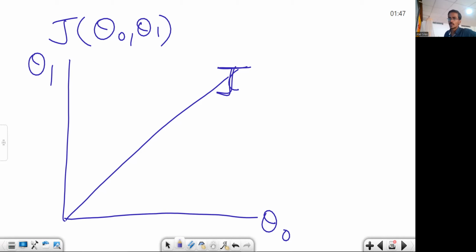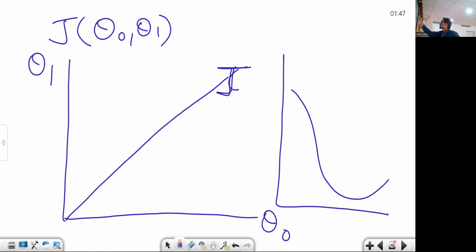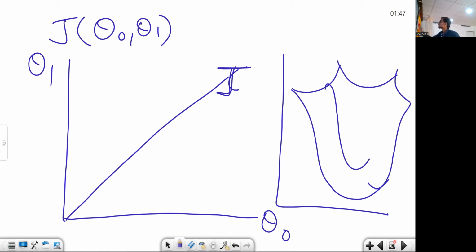Now in 3D, if you want to visualize, the graph will have what are called contours. For example, something like this. It will be 3D.